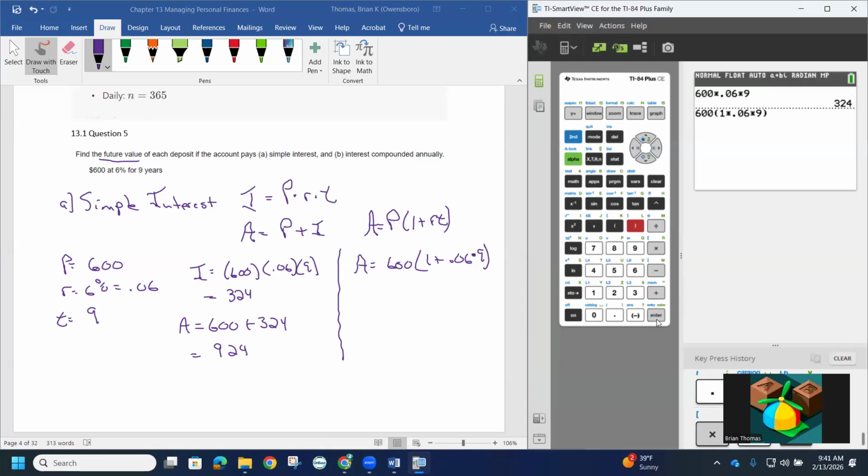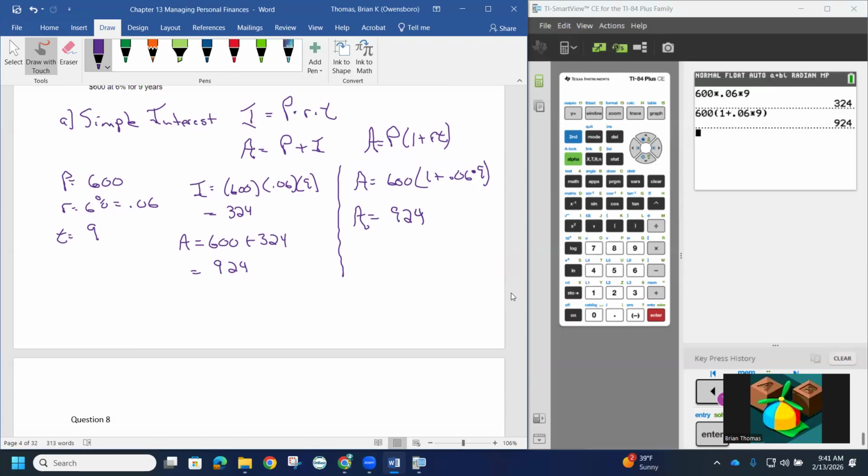Oops, I should have a plus sign there, so I'll type over that. That looks correct, and notice how I get that same answer using a slightly different variation of the formula: $924. So for part A, you're going to get a final balance of $924.